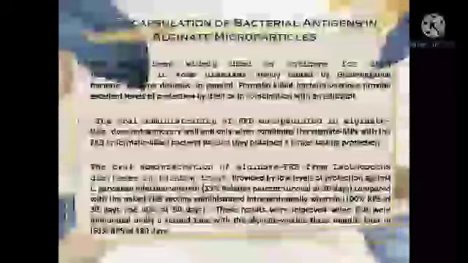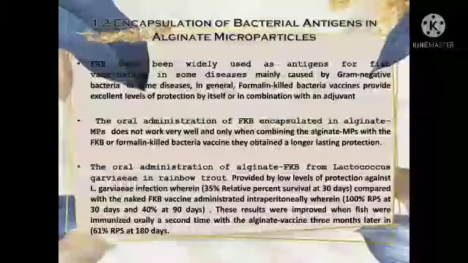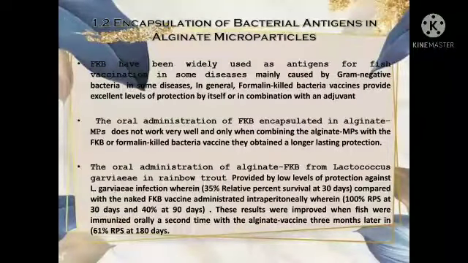Encapsulation of bacterial antigens in alginate microparticles. Formalin-killed bacteria have been widely used as antigens for the fish vaccination in some diseases, mainly caused by gram-negative bacteria. In general, formalin-killed bacteria vaccines provide excellent levels of protection by itself or in combination with an adjuvant.